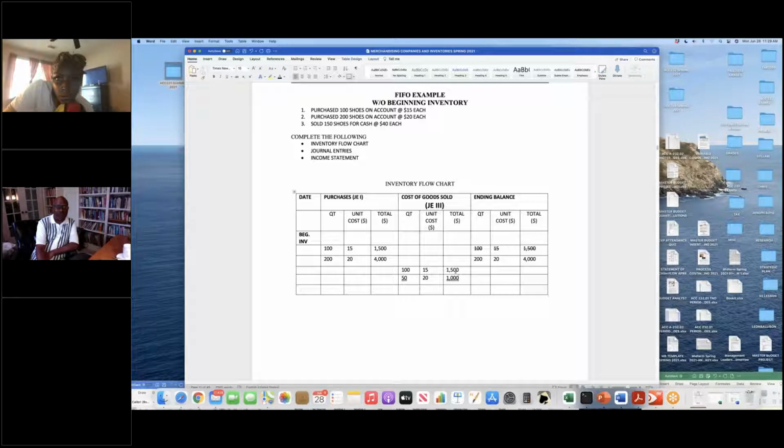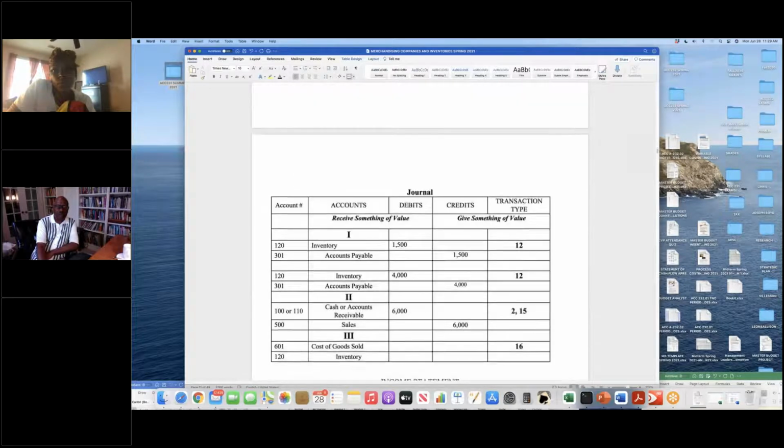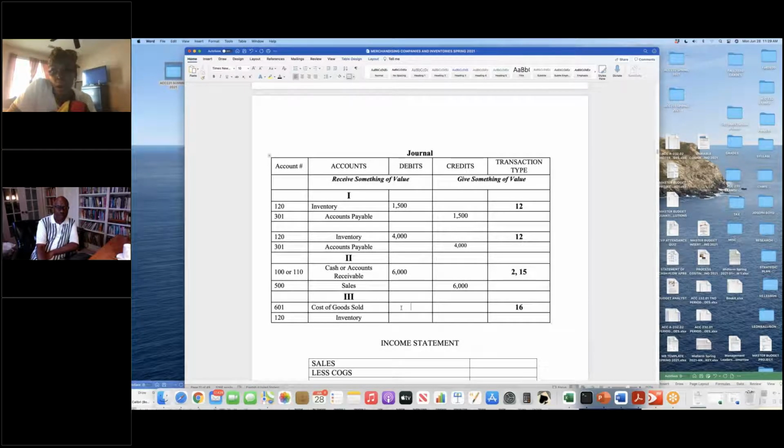So we add the 1,500 and the 1,000, and we get 2,500. So on that particular sale of 150, we calculate the FIFO inventory that went out, and the 2,500 comes here.